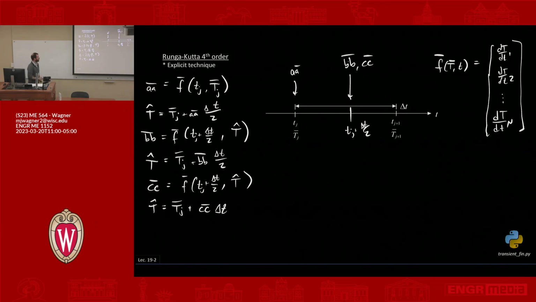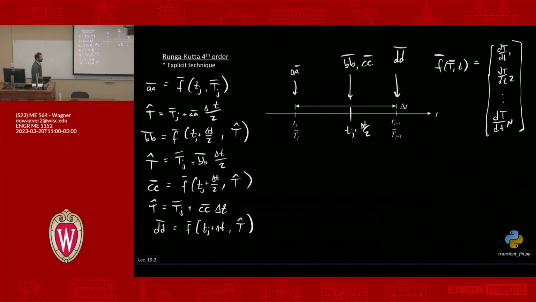So that step is taking the full step from the start to the end using the derivative CC that we evaluated at the middle. And then I make one more evaluation, which is DD bar, and that is f bar of t_j plus delta t at t hat. So this is going to be evaluated, DD, at the very end of my time step.